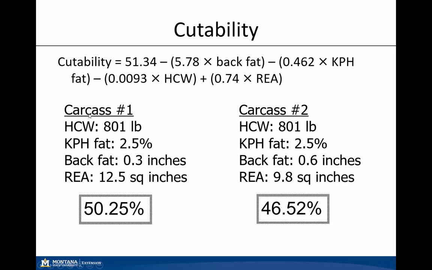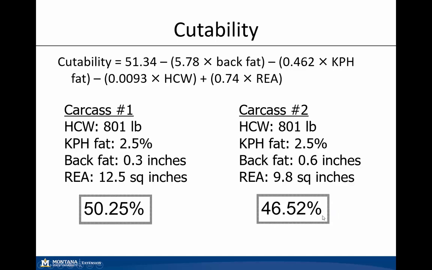So for carcass 1, approximately 50% of that carcass is going to be meat product that we can consume. For carcass 2, only about 46.5% of that carcass is going to be able to be consumed.